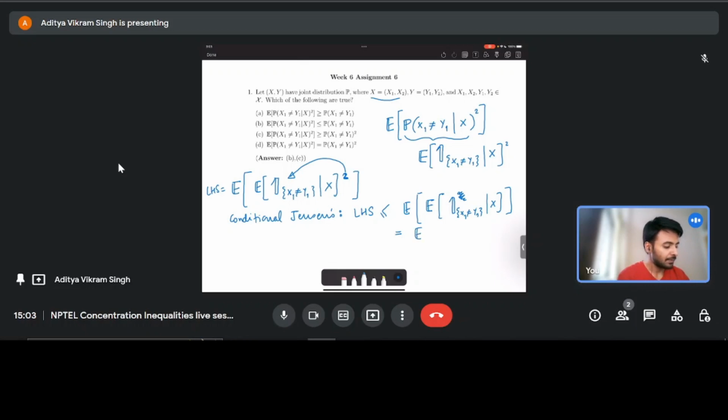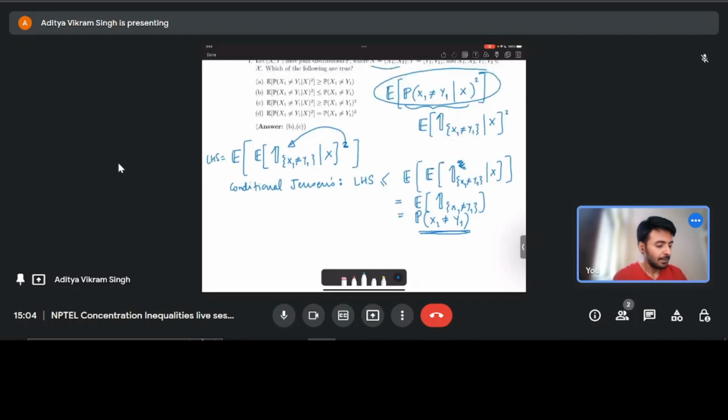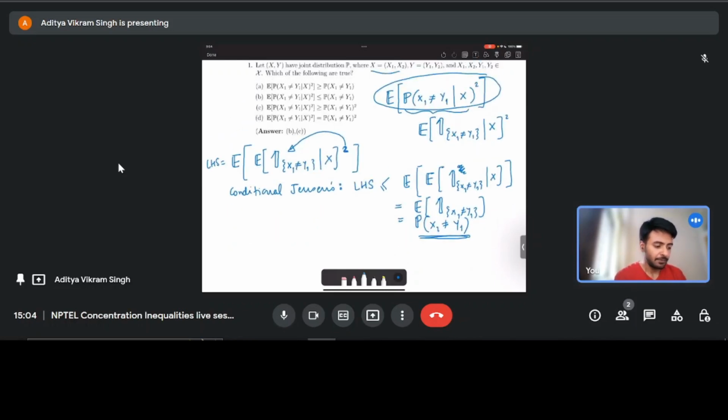So we get the expectation of the indicator of X1 not equal to Y1, which is just the probability of X1 not equal to Y1. So what we have argued is that the square of the average conditional probability is less than or equal to the probability. This was one way of applying Jensen's inequality, where you took the square inside.